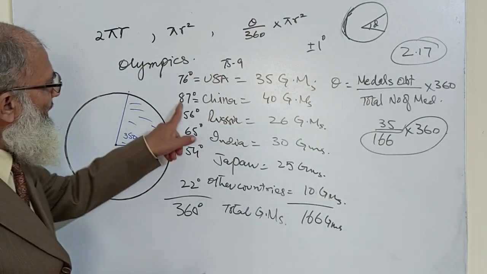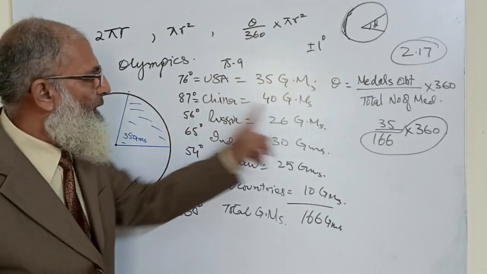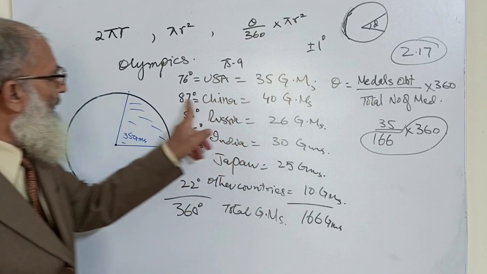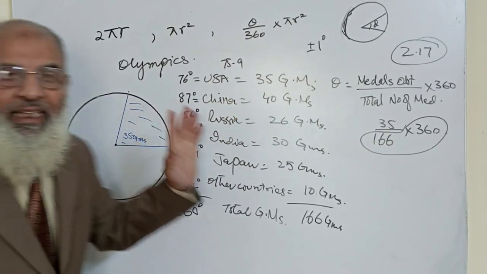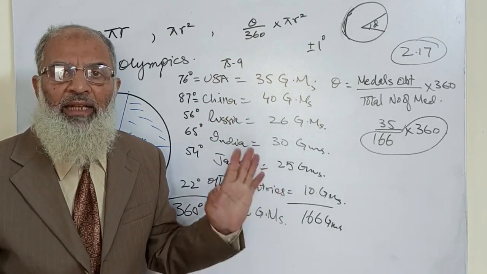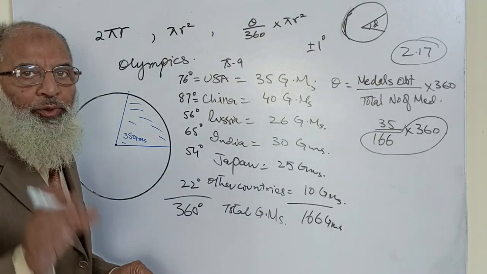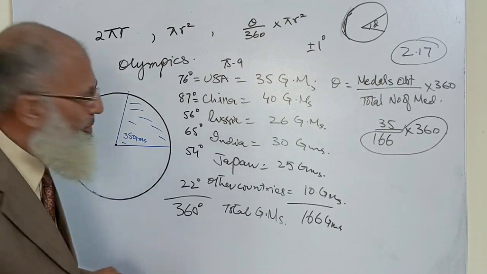Now for the second, which is China and US won 40 gold medals, I have to draw 87 degree angle. Now what I will do is head to tail arrangement.